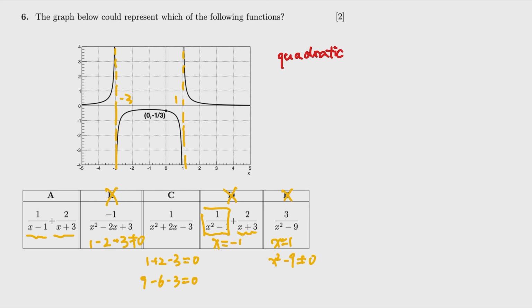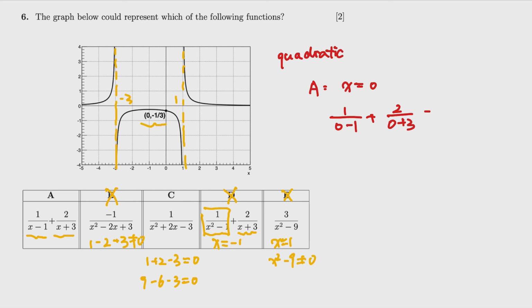The question also gives us a special point, which is 0 and minus a third. So let's put that in and see whether the point is on the function. In option A, when x equals 0, the function equals 1 over 0 minus 1 plus 2 over 0 plus 3.